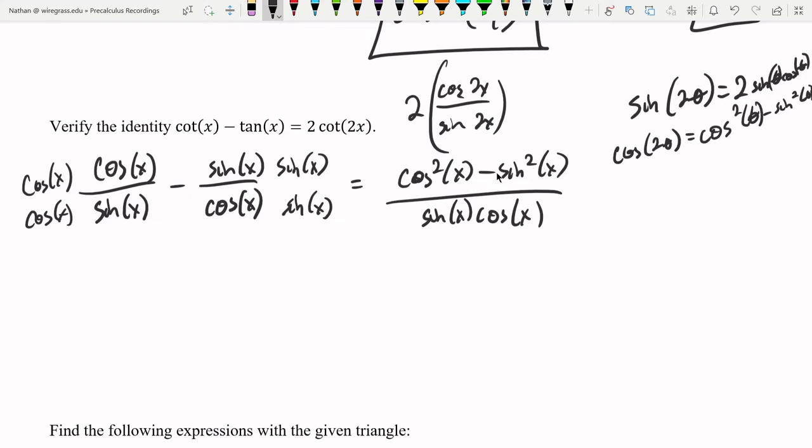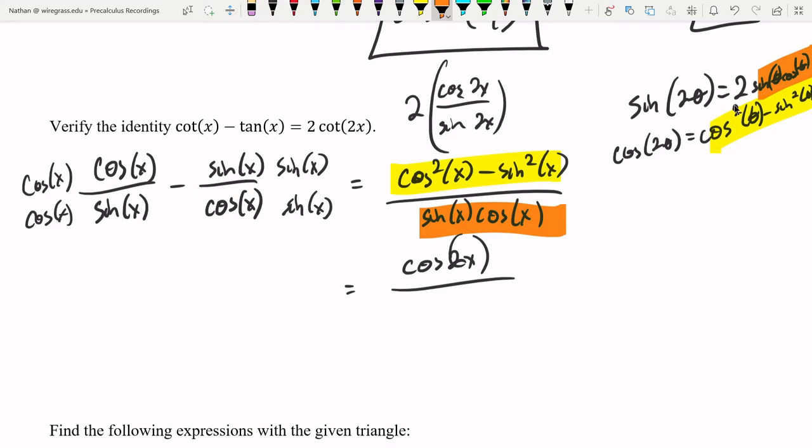And this is exactly what we want on top here, right? Cosine squared minus sine squared, cosine squared minus sine squared. I can rewrite this as cosine 2x on top. And on bottom, I have sine x cosine x. Well, that's right here. But I have this 2, so I'm going to divide the 2 over, and I get sine 2 theta over 2 equals sine theta cosine theta.